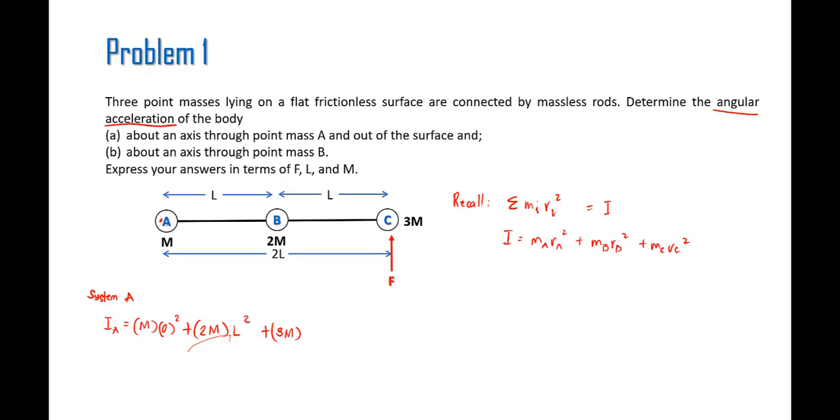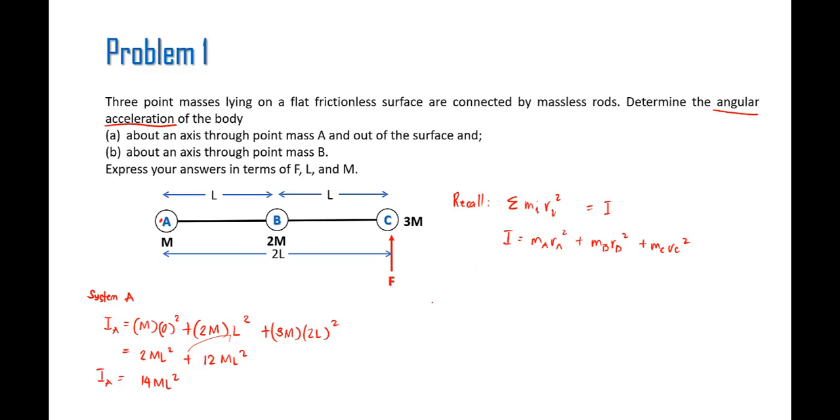The length from the axis to point mass C is 2L, so you have 2L squared. Okay, so we simplify: this is 2ML squared plus 4L squared multiplied by 3M, which is 12ML squared. Therefore, the moment of inertia of system A is equal to 14ML squared.